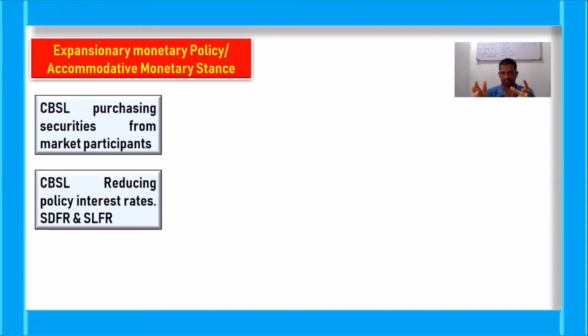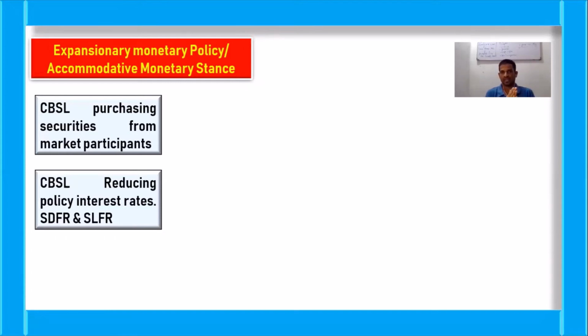So when the central bank decreases policy interest rates, commercial banks tend to use more of the standing lending facility because it is more advantageous for commercial banks to borrow from the central bank. That means they use more of the standing lending facility due to the lower policy interest rate, right?